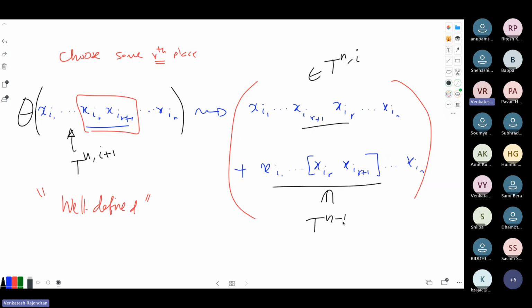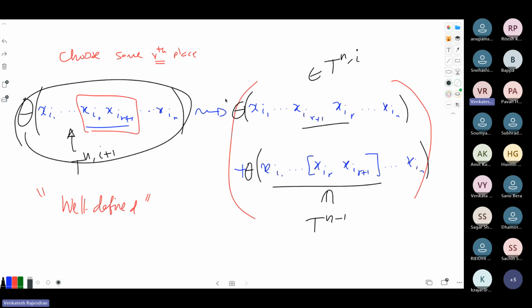So theta of this is defined, and again, theta of this is defined by induction. So you define theta of this part to be just the sum of these things, because that is what your formula says. You are demanding that the definition of this is the sum of these two. But the problem with this definition is the choice of r.